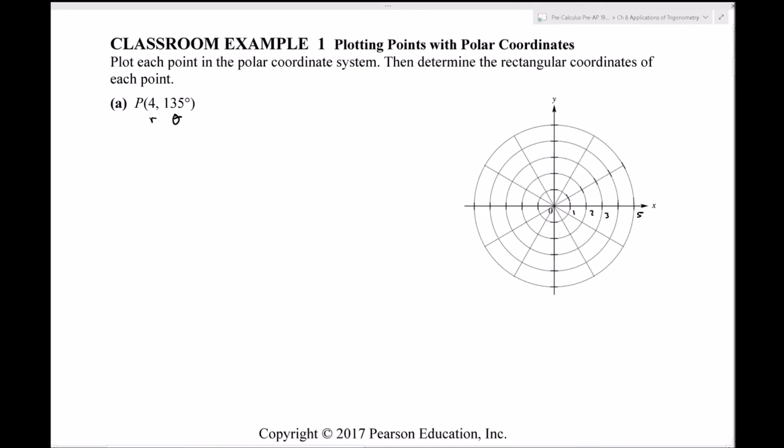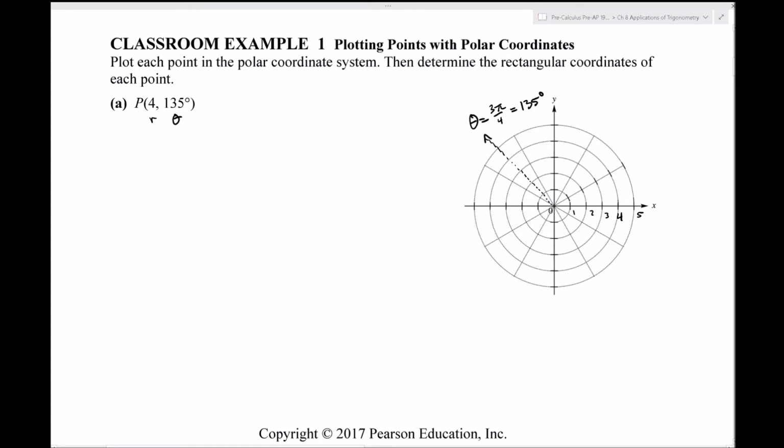Okay, so we're looking at that circle again, radius of 4, but we're 135 degrees out from the polar axis. Polar axis is the positive x. So 135 degrees. The way they have it here, 135 is 45 degrees after 90, so that's this line. So I'm going to draw this line, by the way, and that's the line theta equals, not pi over 4, 3 pi over 4, which is 135 degrees.